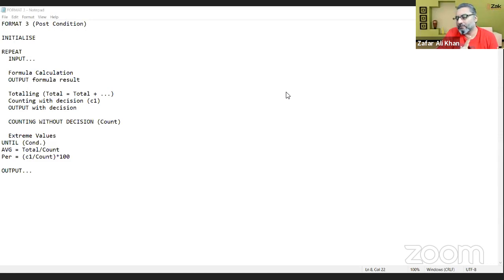Compare it with for. We will compare it with while later. Then we have got this and this. That's it. These three changes. Rest is same. वही इनिशियलाइज है, वही फॉर्मूला है, वही टोटलिंग है, वही काउंटिंग में डिसीजन है, वही सब कुछ है, वही परसेंटेज है, वही आउटपुट है. सिर्फ यहाँ पे डिफरेंस आ रहा है.